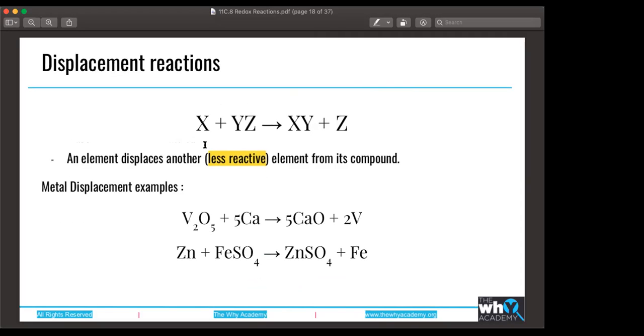Displacement reaction. So one element displaces another less reactive element from its compound. Okay, now based on what you see, what is the definition and pattern of displacement reactions, can I make a statement saying all displacement reactions are definitely redox reactions?